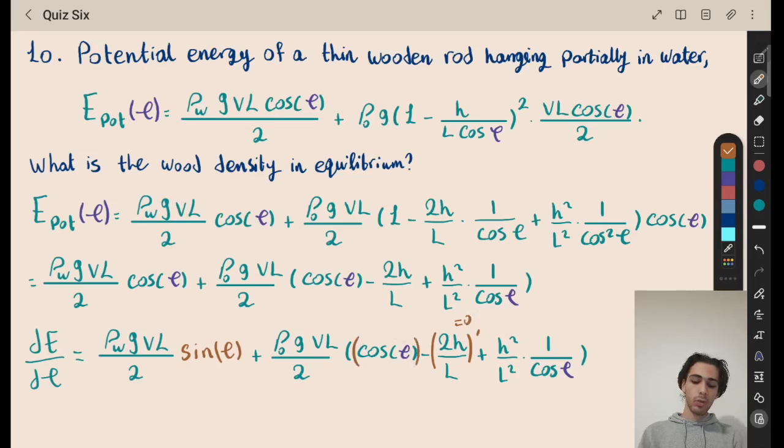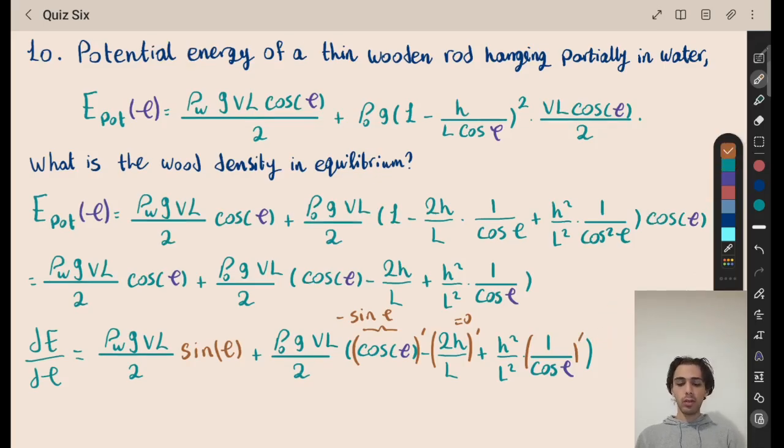And now for this one, the derivative of the cosine function is negative of the sine function. And since these are constants, I can just look at the derivative of 1 over cosine.